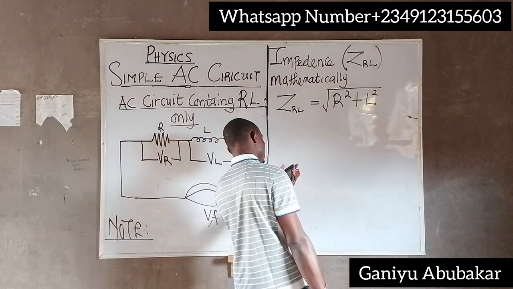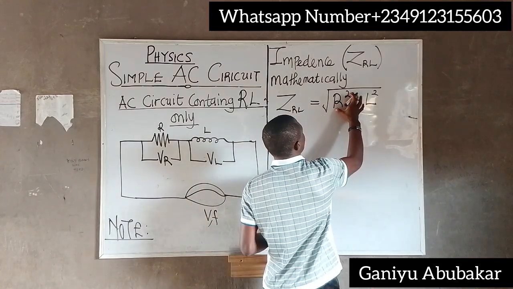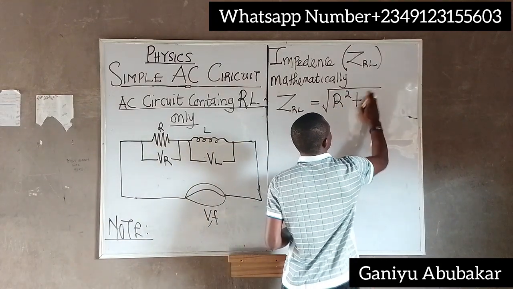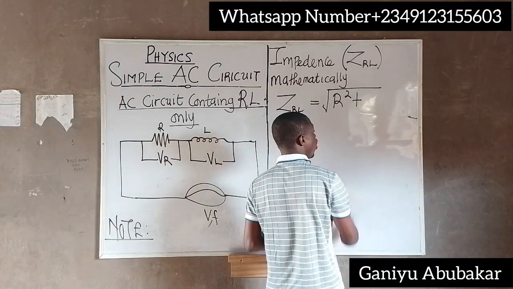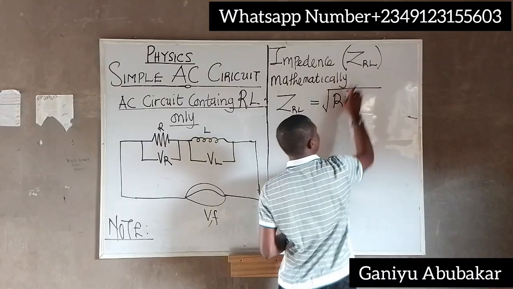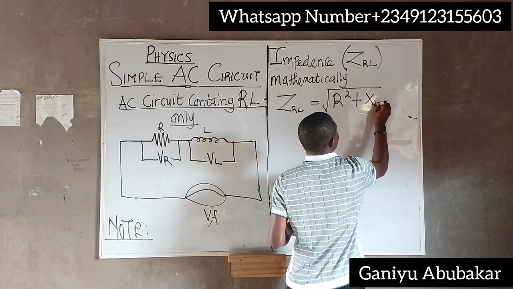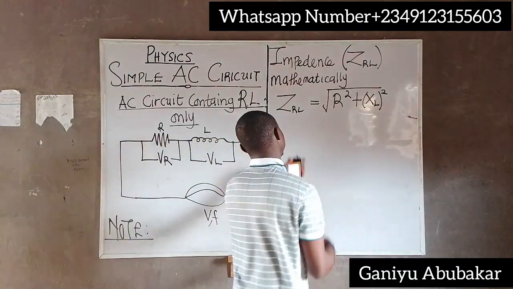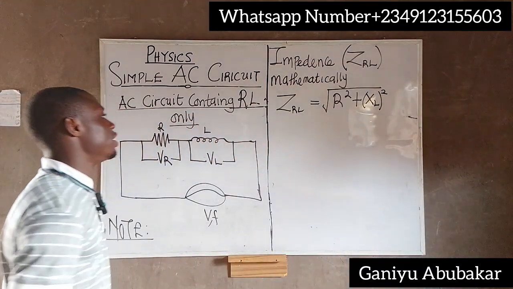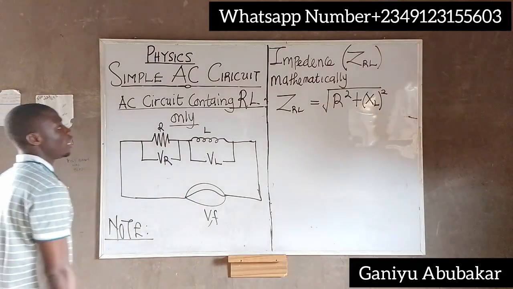In this case, the resistor squared plus the opposition for inductor. The opposition for a resistor is R. The opposition for inductor is called XL. So XL squared. This is the formula for impedance when it comes to resistor and inductor only circuit.